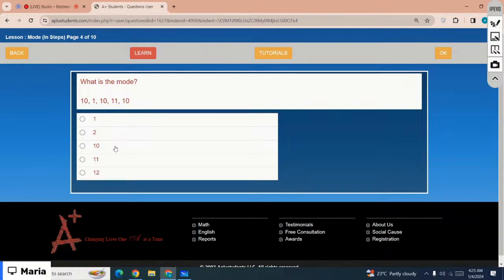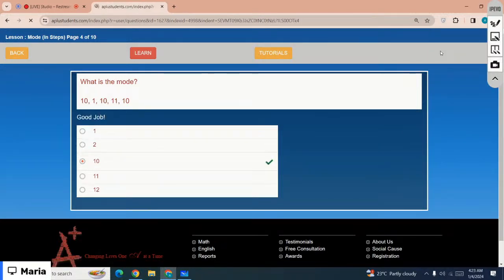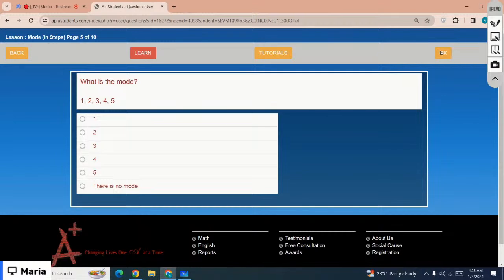Ten is the correct option. The correct option is 10. What is the mod, which is the correct option?